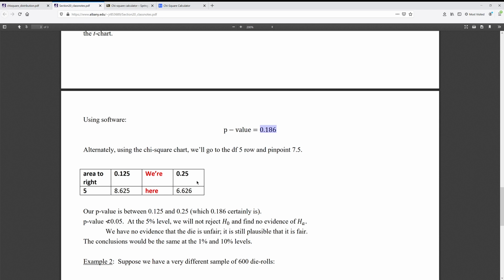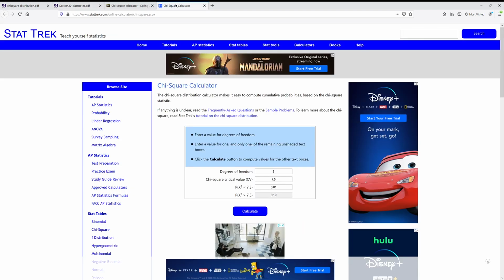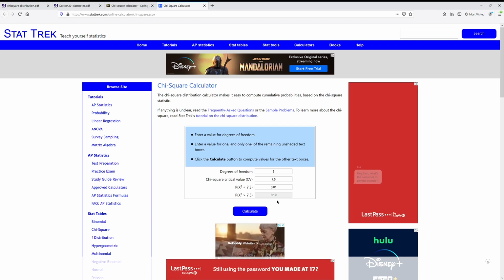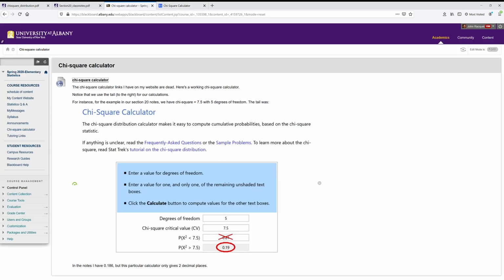But there is always the chart method. So we've got the 0.186, or in our case, the 0.19 from our calculator. Again, this is all spelled out here. You don't want the area to the left, you want the area to the right.